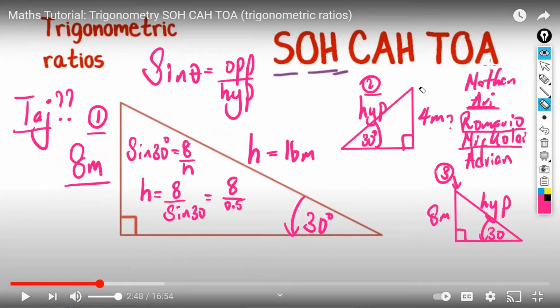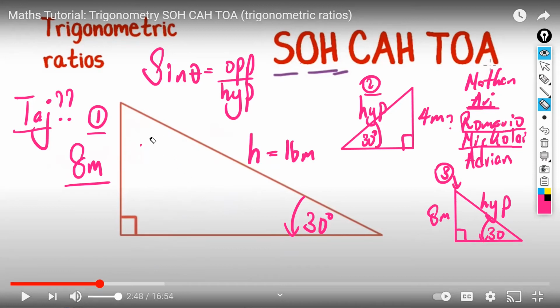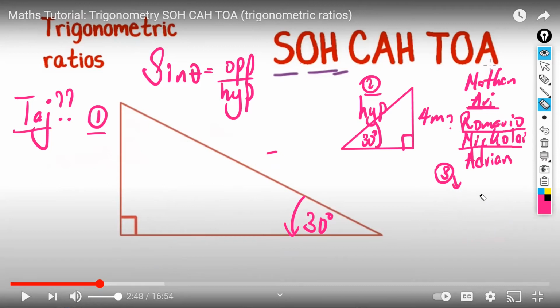Cool. So let's move on to Nathan, Ari. The example, I had 5 people for the question. Let's move on to that one. For you guys' question over here, it's 4 meters. Cool. And of course, 4 meters is the opposite side because it's looking at the angle. And we need to find the hypotenuse again. So same situation, guys.